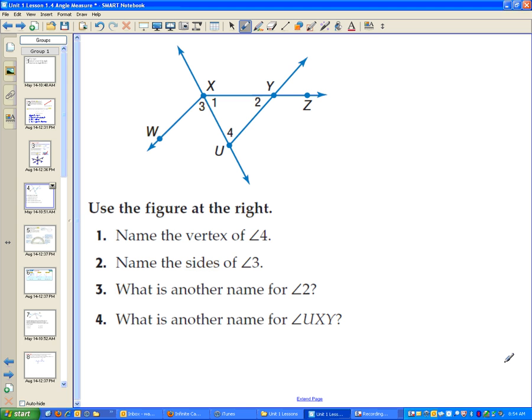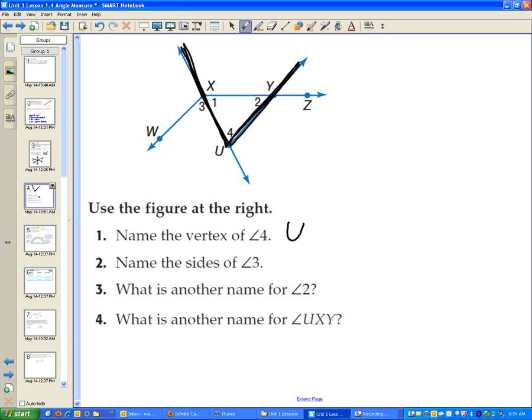So we've got to understand these parts. I hope questions like these are almost so easy that they insult your intelligence. They may not. But we've got to be able to communicate with each other. So it says name the vertex of angle 4. So trace out angle 4. Don't literally do it on your book. Do it with your eyes. Which point is the vertex of that angle?